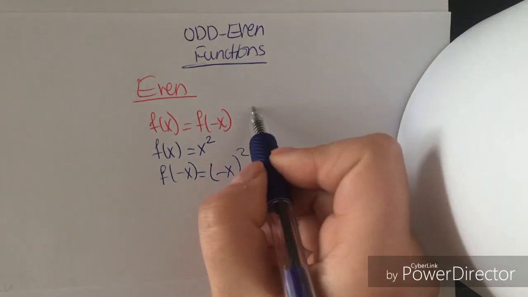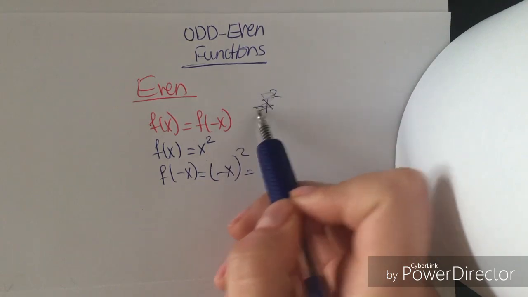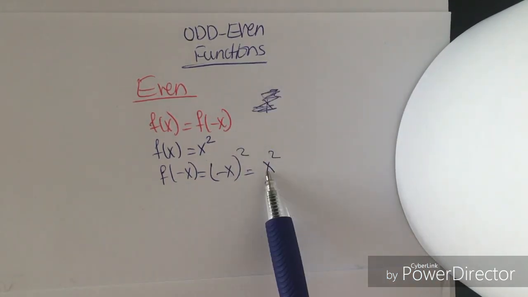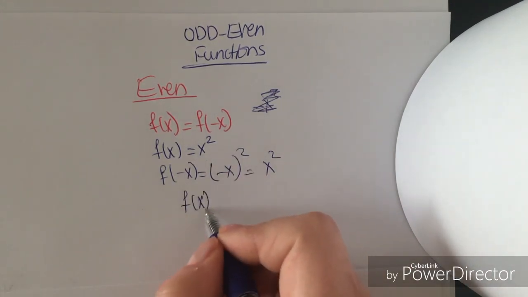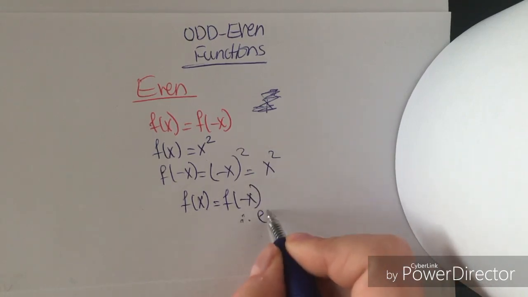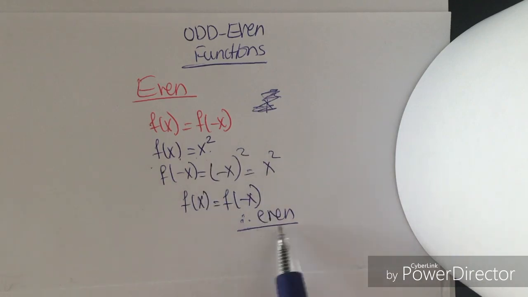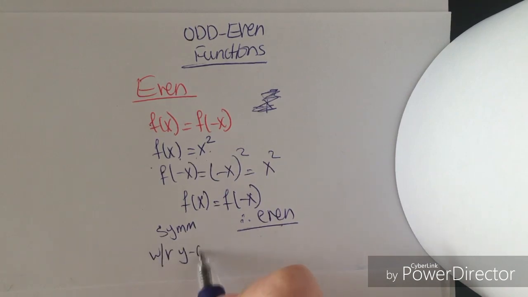So don't write negative x squared; remember to put parentheses around it. So f of negative x is x squared. F of x is x squared, so these are equal. That means f of x equals x squared is an even function, and it's symmetrical with respect to the y-axis.